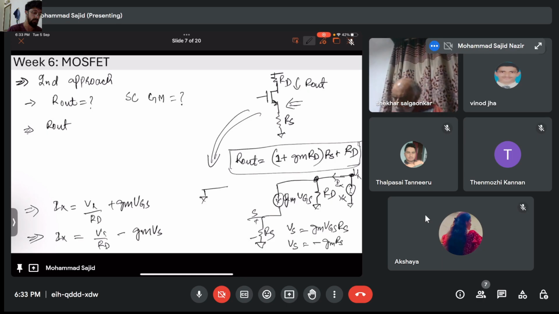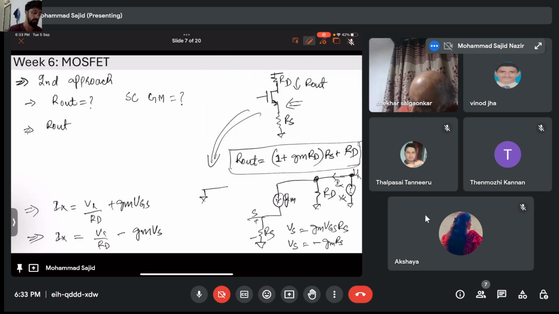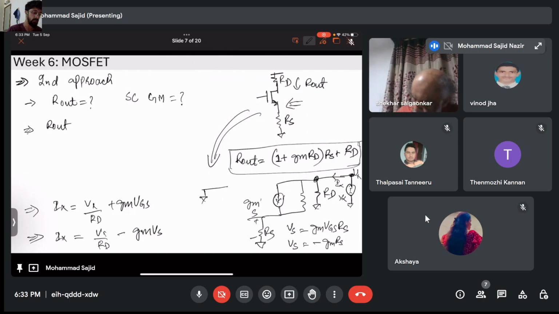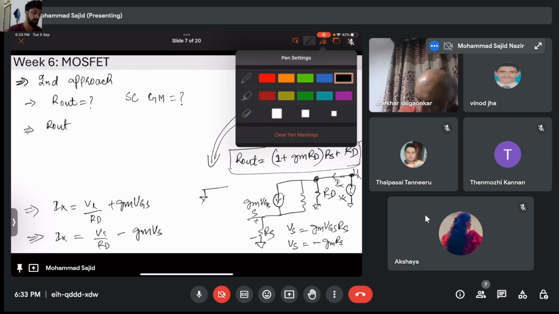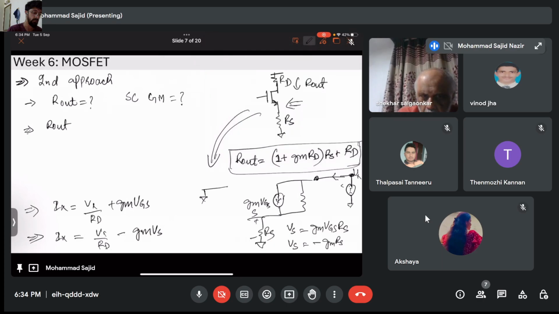There is one step here. Need to consider one thing here. Let's forget RD in this case. So with RDS, this is Ix. So this will be Vx minus Vs by RDS.